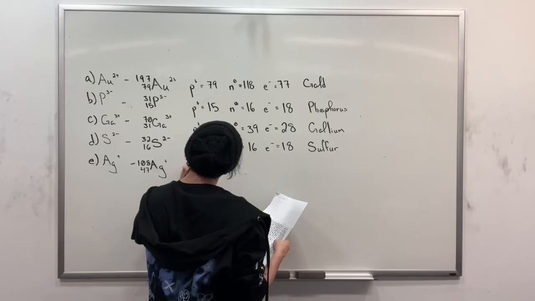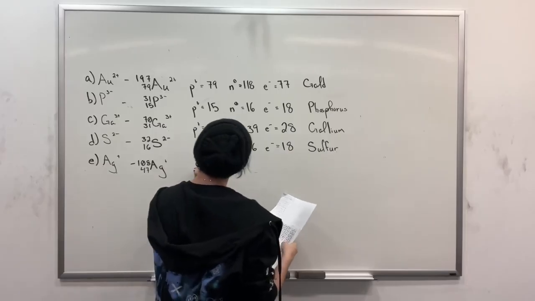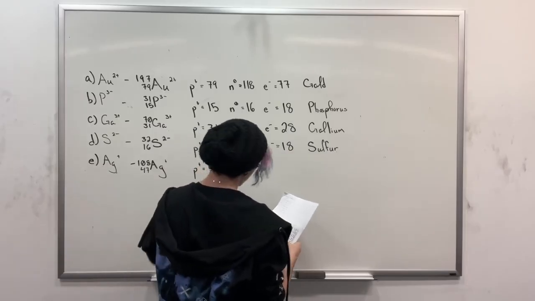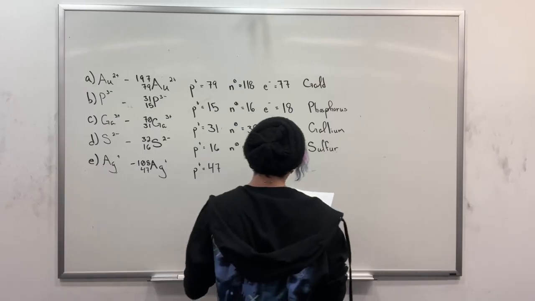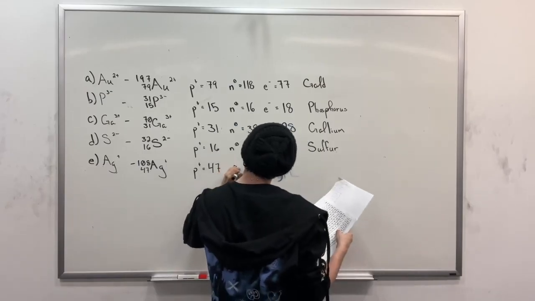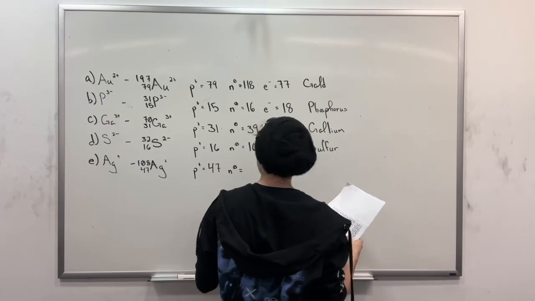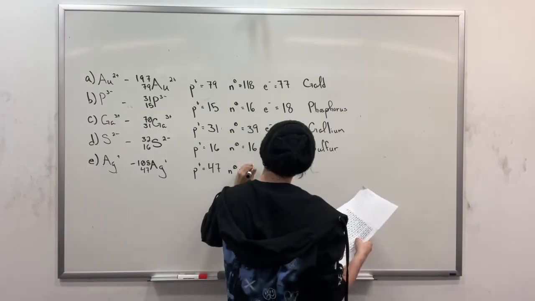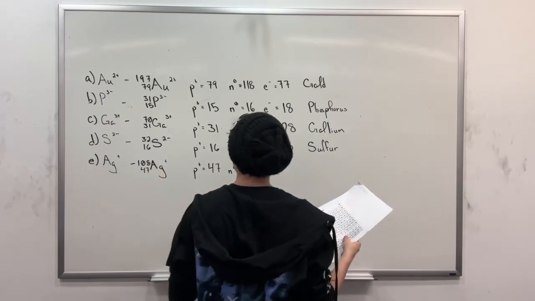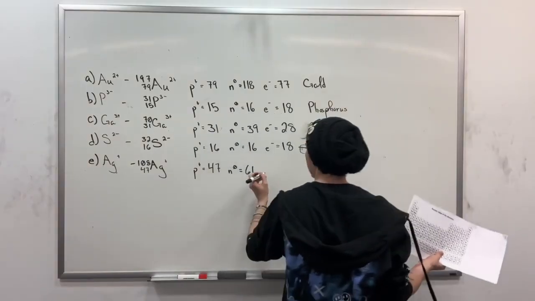So we know the number of protons is number 47, which means then the number of neutrons has to be 61. 108 minus 47 gives us 61 neutrons.